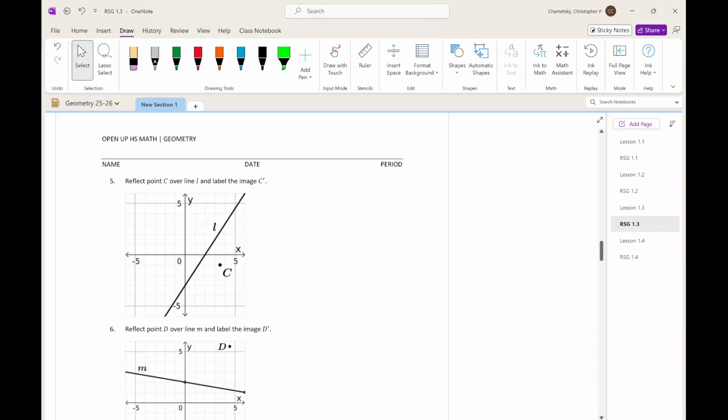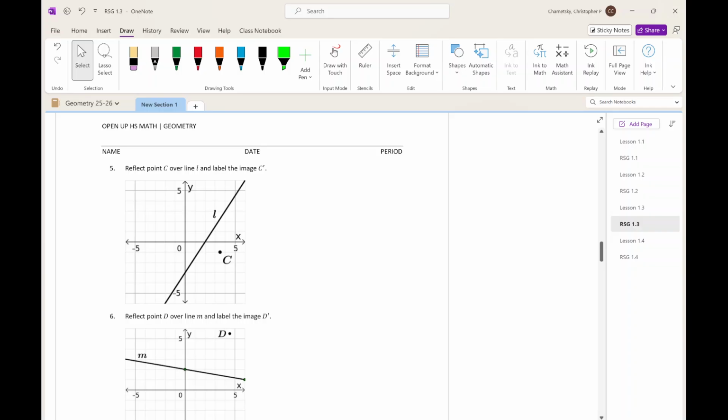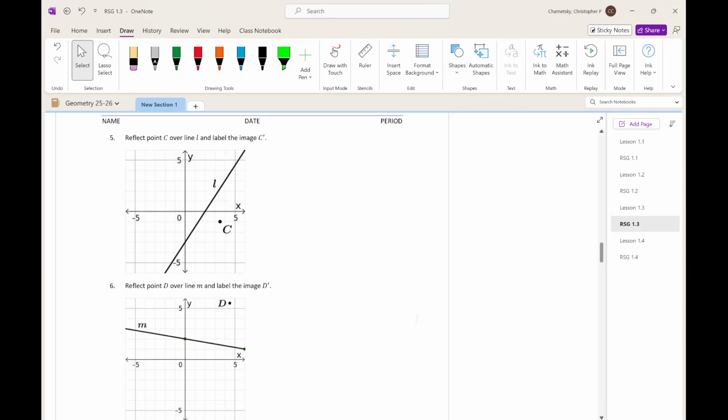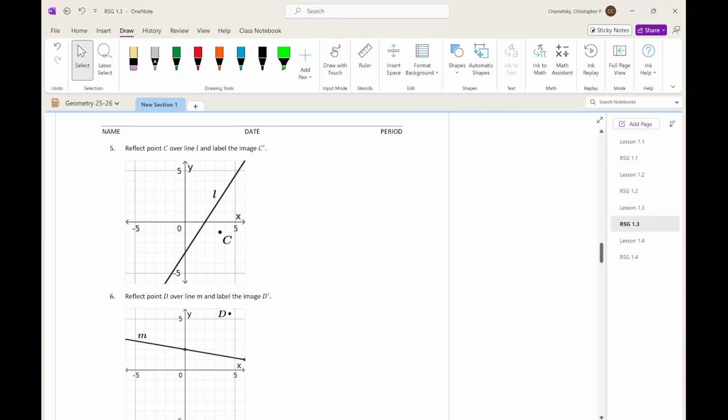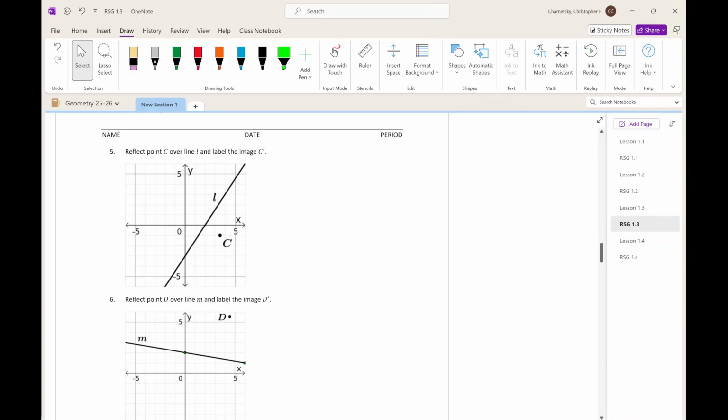For question 5, slightly trickier, but we can still do it. We have a point that's not on an exact coordinate, but we can still make this happen. So our slope is going up 2/1, so our new slope is going to be -1/2.